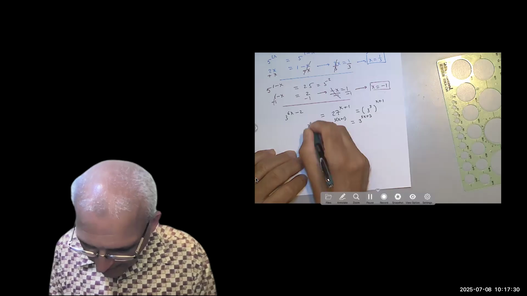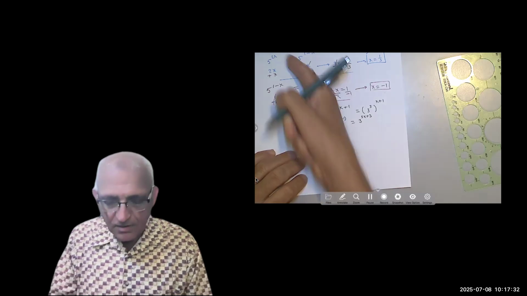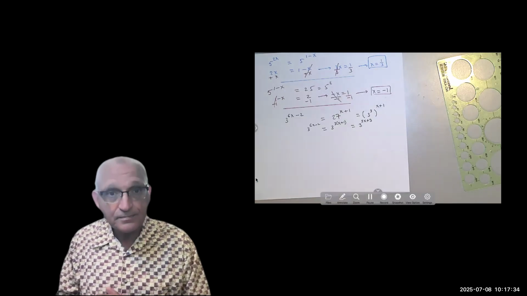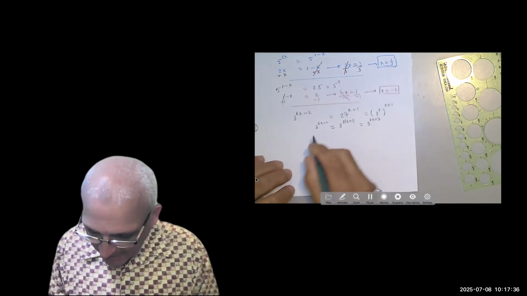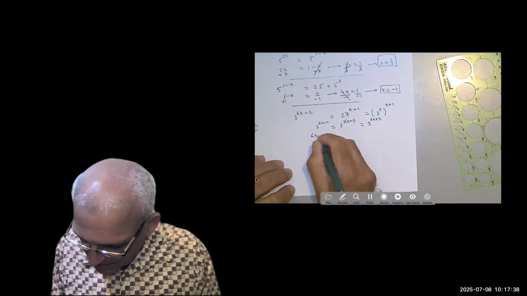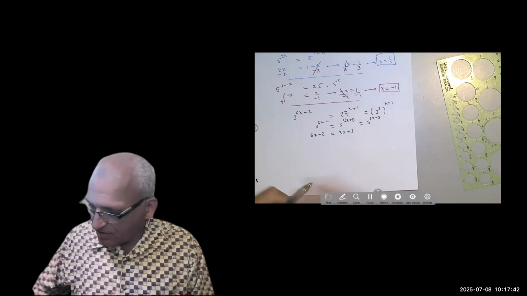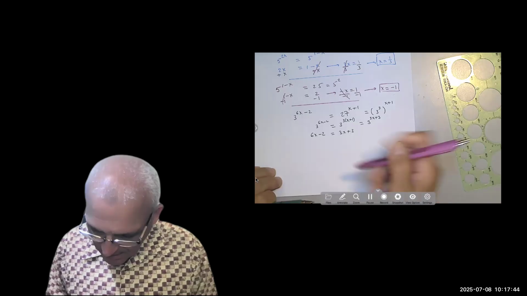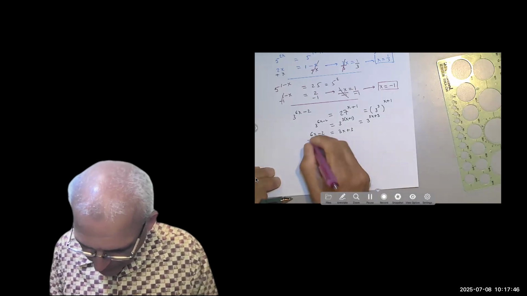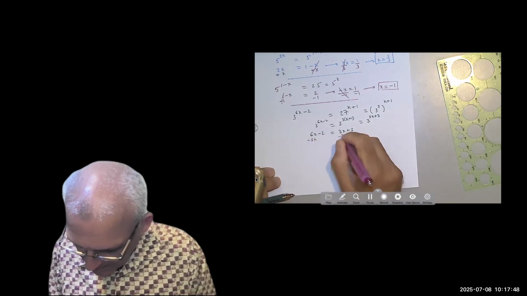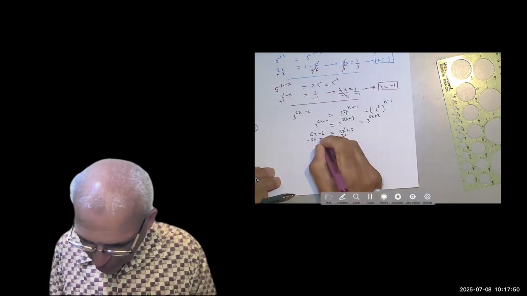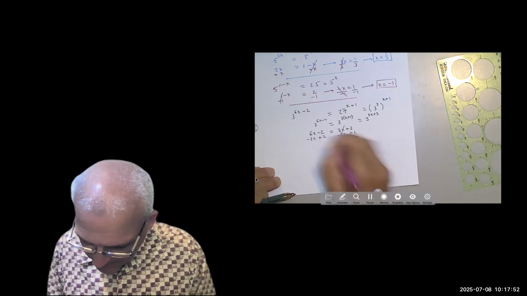And now I reduced it to the previous ones. Now I can say 6x minus 2 equals 3x plus 3. I'm going to subtract 3x from both sides and then add 2 to both sides.